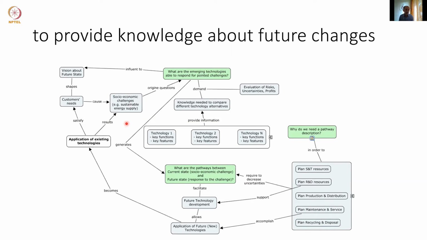And on the level of the regulations, we also arrive at some problems. For instance, in a situation of pandemic, we have to travel, but not in contact with other people. Those are the different limitations that we arrive at, and we aggregate all these limitations into what we name social economical challenges.